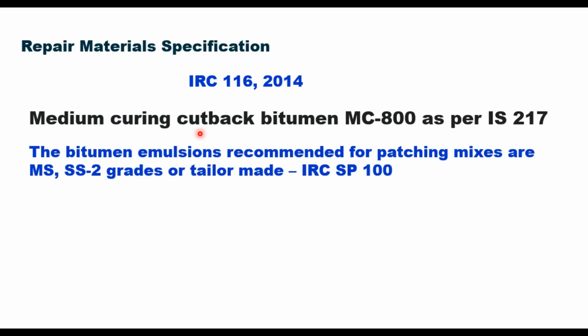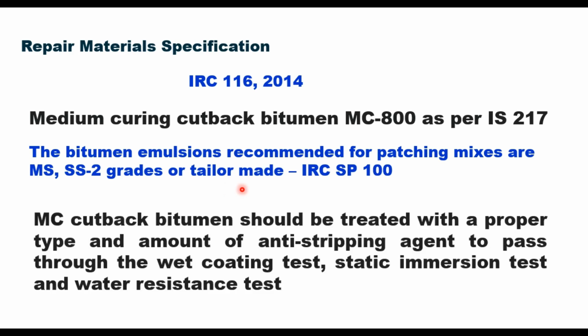The material for repair of pothole should be as per IRC 116/2014, and this code allows use of cutback as well as emulsion. If cutback is used, then medium curing cutback bitumen of MC 800 grade as per IS 217 is to be used, and the bitumen emulsion recommended for patching are MS or SS2 grade, or it can be tailor-made also as per IRC SP 100.